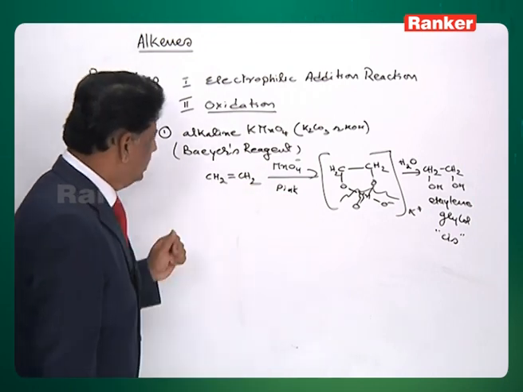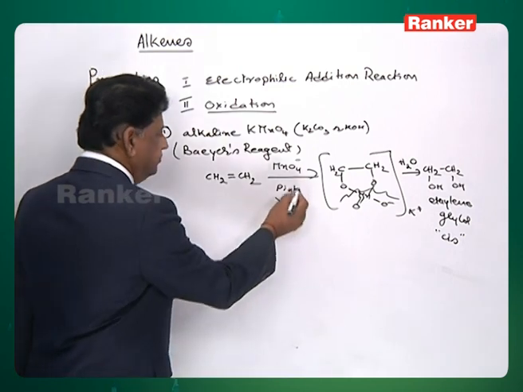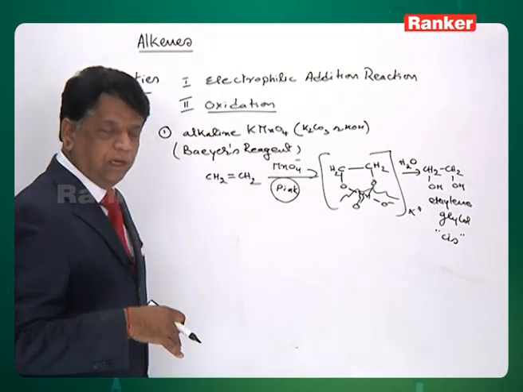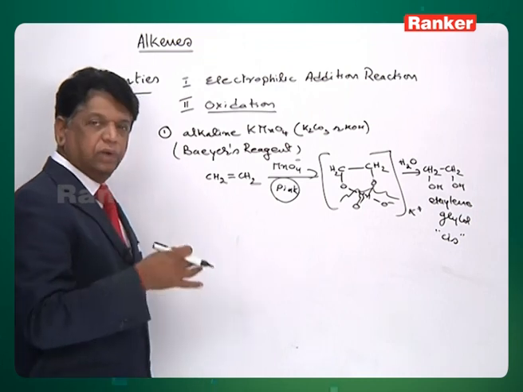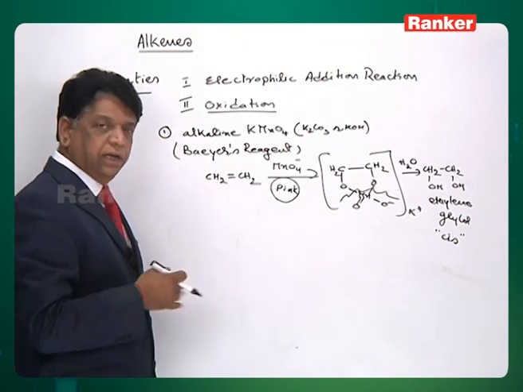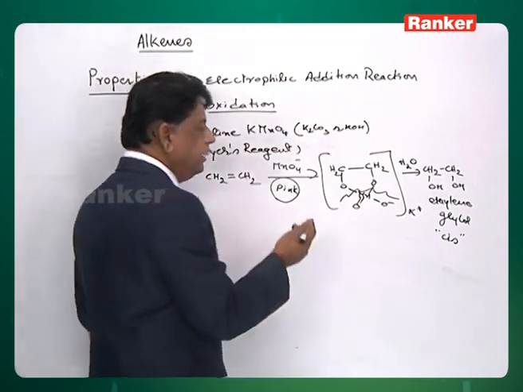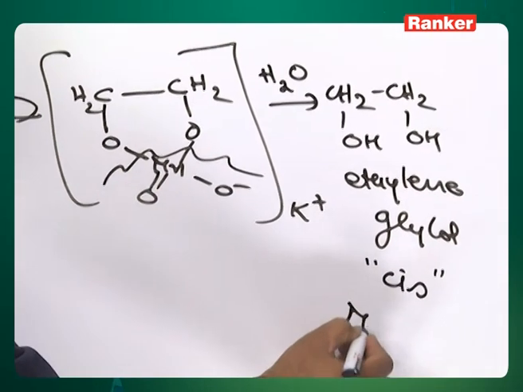It's a very simple reaction, but it has one significance because of the color. Just like bromine, which is a red colored one, you add one drop to the alkene, it consumes that red color and becomes colorless. Here also the pink color, after the reaction, the Mn becomes MnO2.